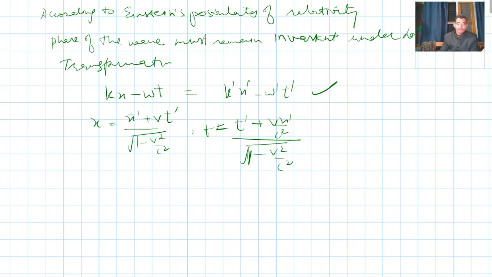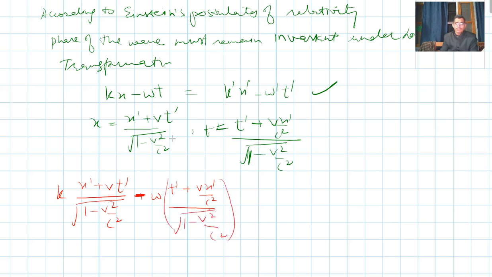If I put these values here, then k times (x prime plus v t prime) over root of 1 minus v square over c square, minus omega times (t prime plus v x prime over c square) over root of 1 minus v square over c square, is equal to k prime x prime minus omega prime t prime.